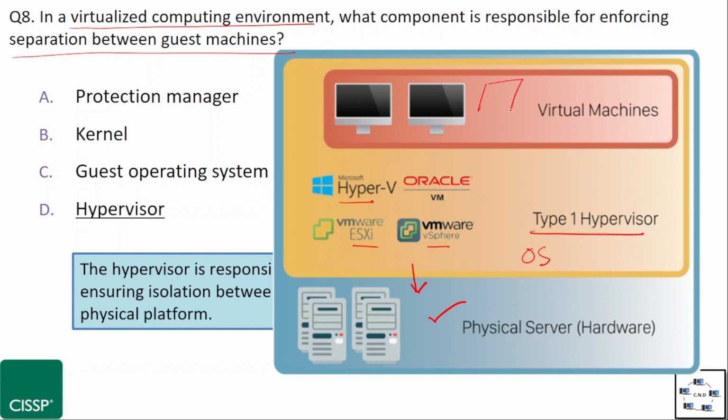We can have multiple virtual machines, and each virtual machine may have a different operating system as per our requirements, such as Microsoft Windows, Linux, Red Hat, etc. All these may be on a single physical machine.